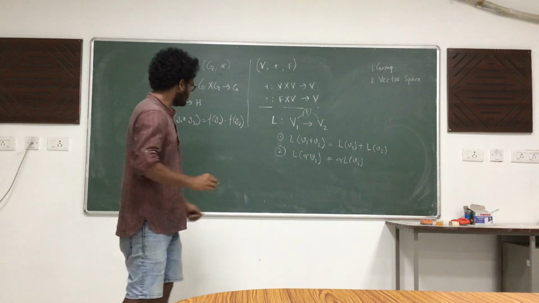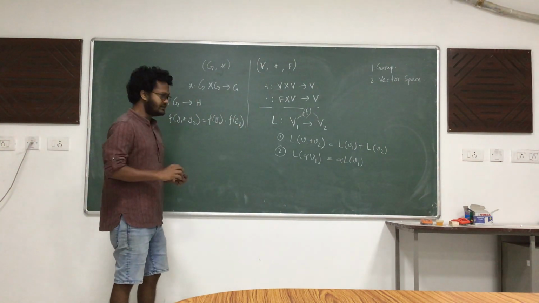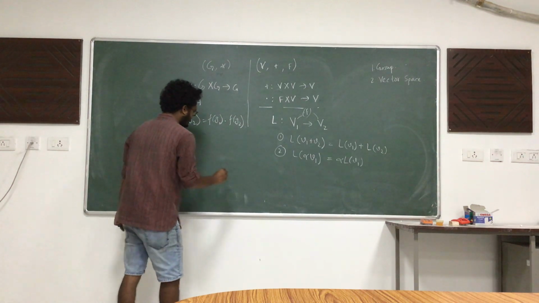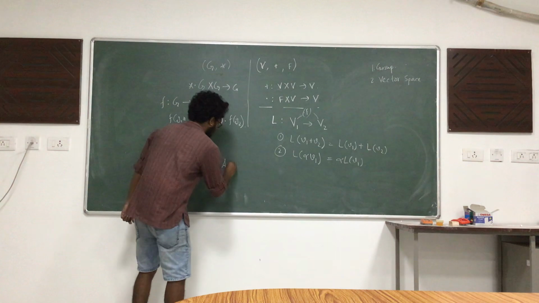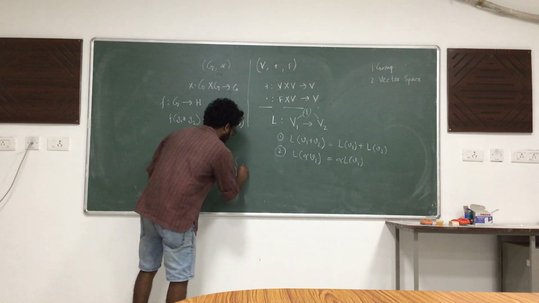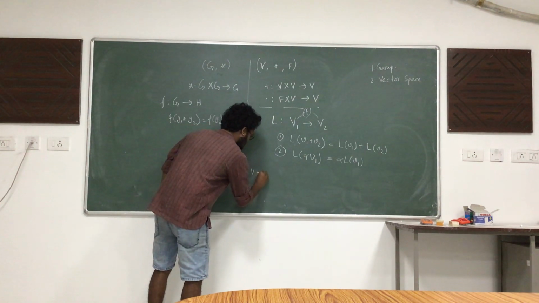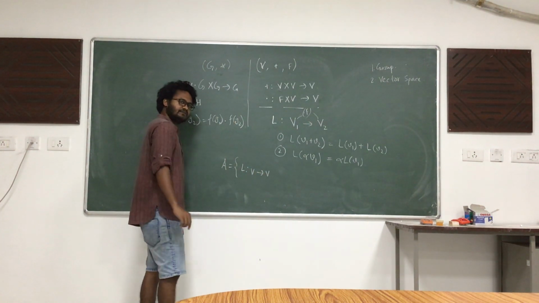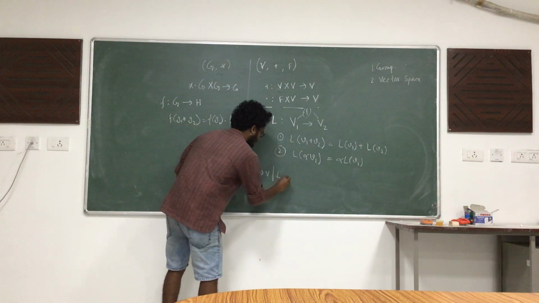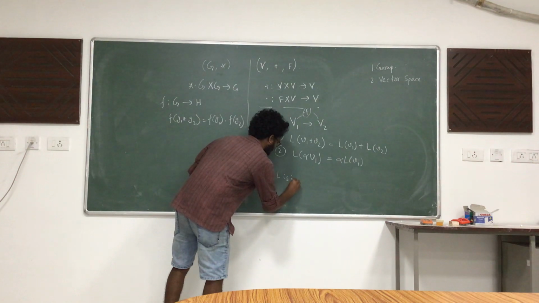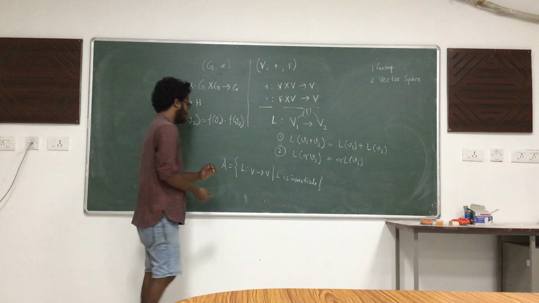Now let us take a set A, the collection of all linear transformations from the vector space V to itself, such that L is invertible. So what does it mean?